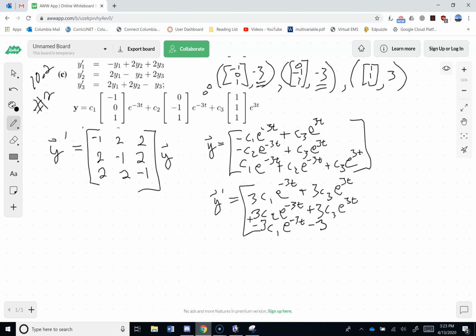So then on the bottom, I have minus 3c1 e to the minus 3t and minus 3c2 e to the minus 3t and plus 3c3 e to the 3t. Okay, so that thing there is my left-hand side, supposedly.